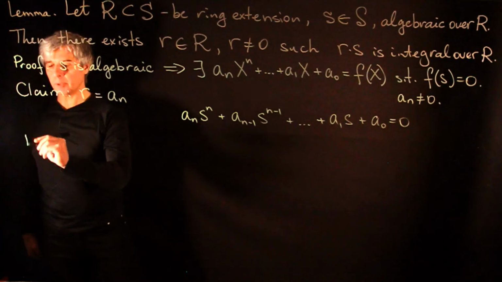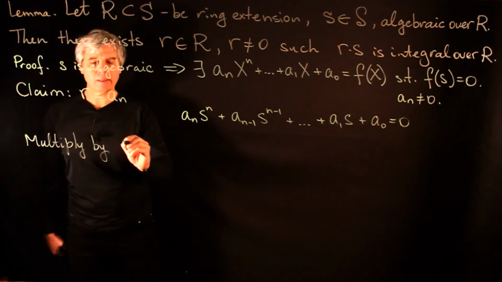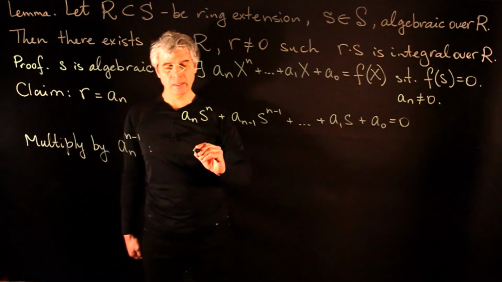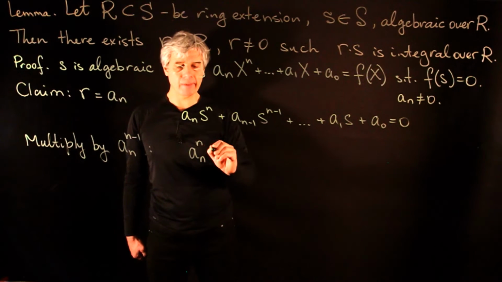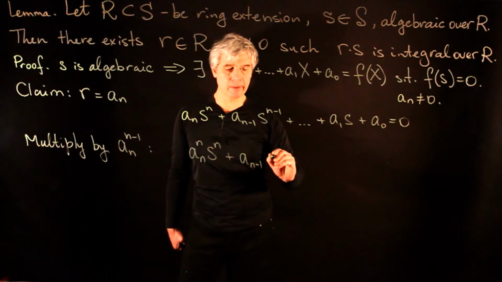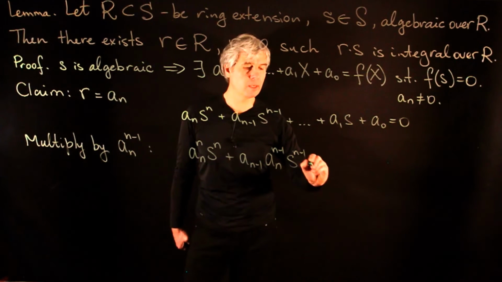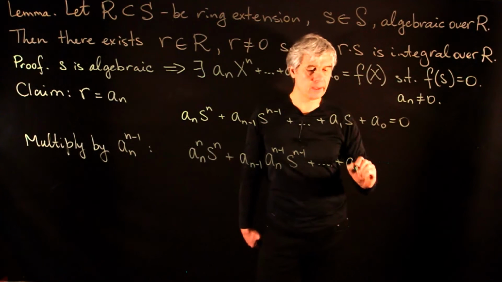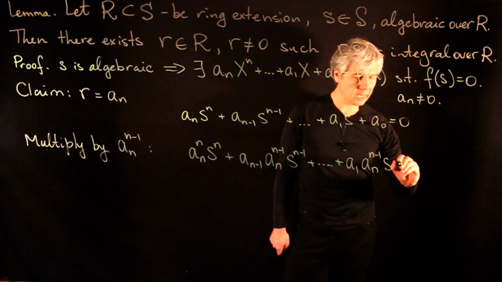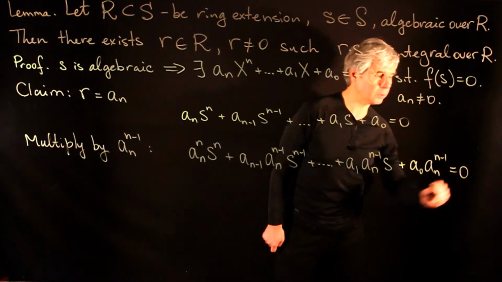So now multiply this by a_n to the n minus 1. Then we get a_n to the power n s^n plus a_{n-1} a_n to the n minus 1 s to the n minus 1 plus ... plus a_1 times a_n to the n minus 1 s plus a_0 times a_n to the n minus 1 is equal to 0.